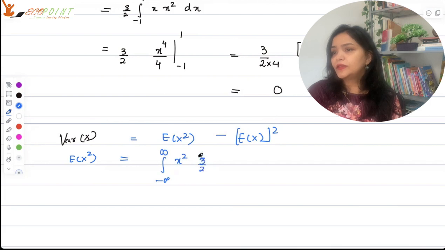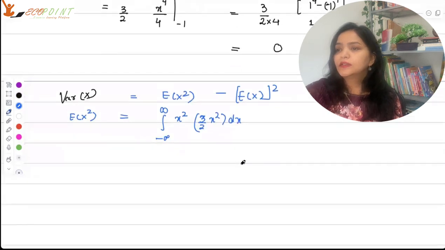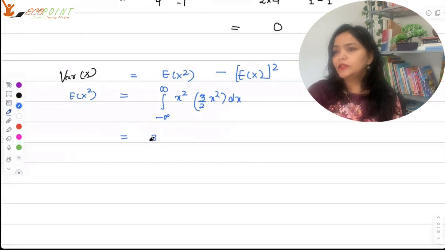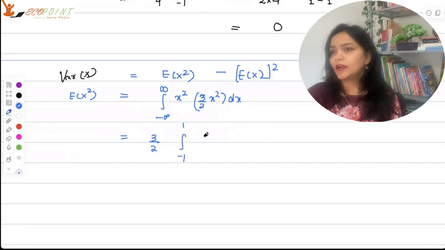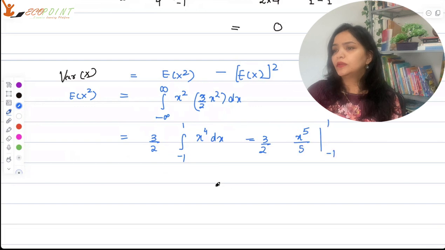So fx is 3 by 2 x square dx. So that means I can keep 3 by 2 outside and it's going to be -1 to 1 because that's where our function is defined. So -1 to 1 x to the power 4 dx.